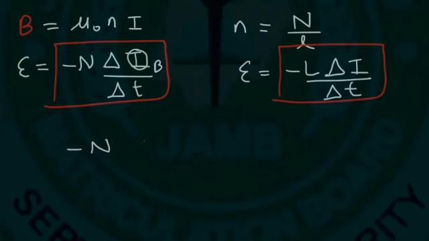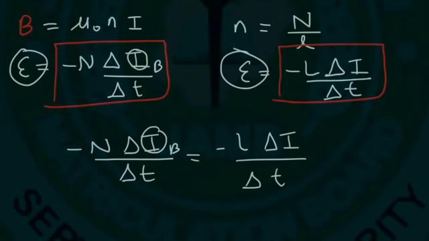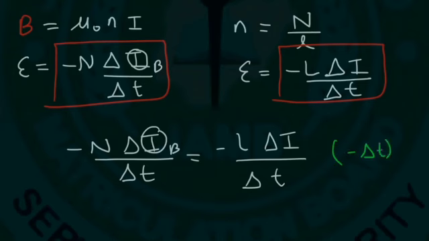So negative N delta flux, magnetic flux, over delta t is equal to negative L delta I over delta t, since they both equal the induced EMF. Now what we're going to do is multiply both sides by negative delta t.